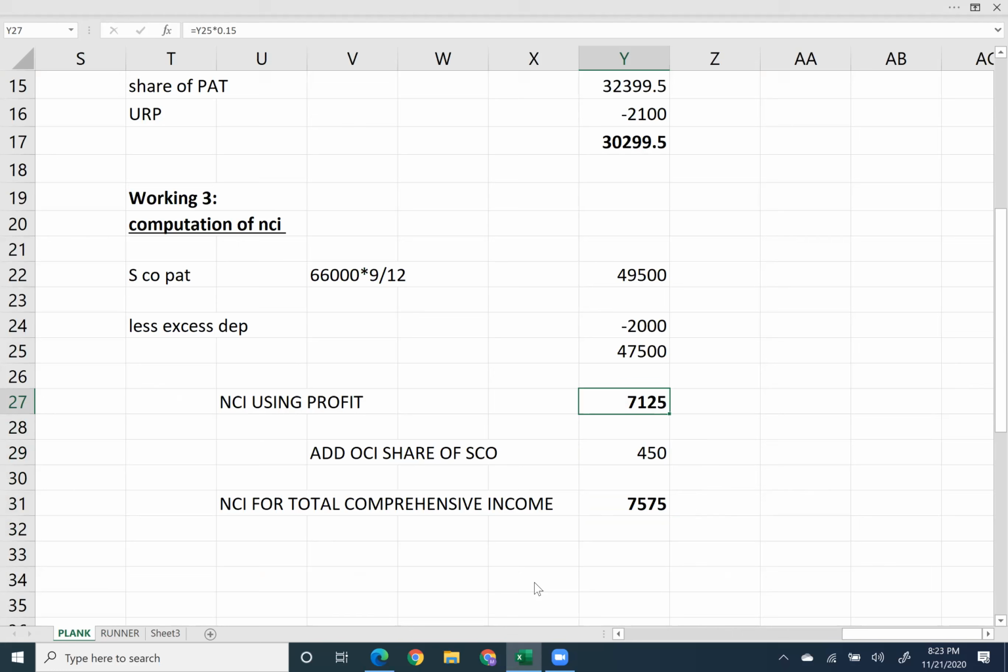Did you understand this calculation? Please reply on the chat box. All of you, please reply.